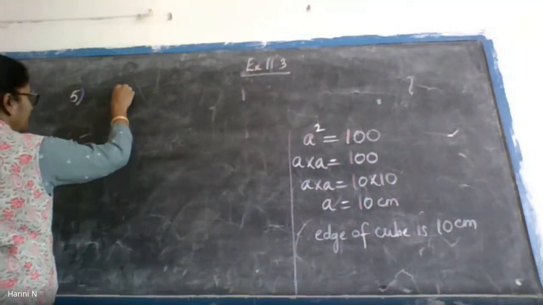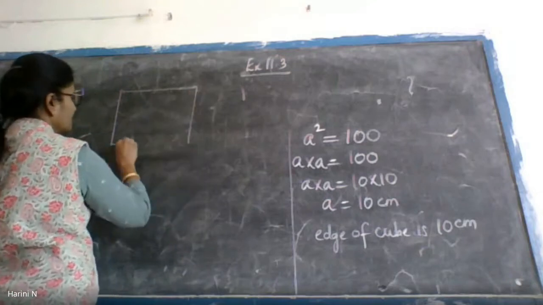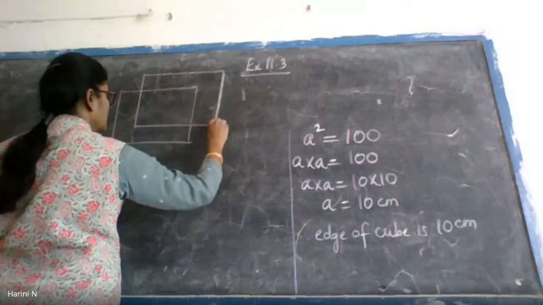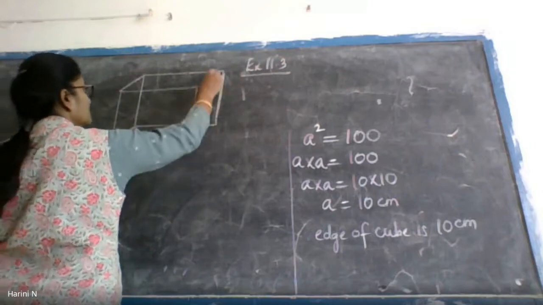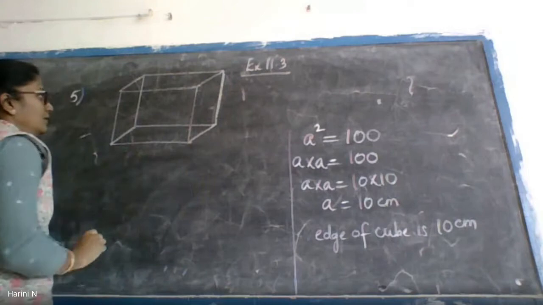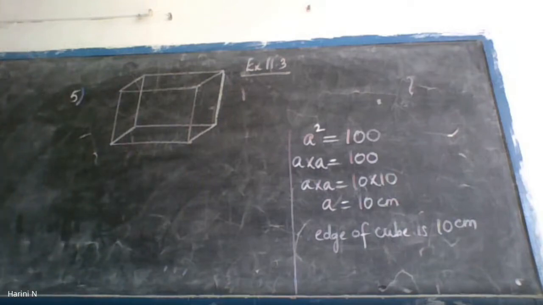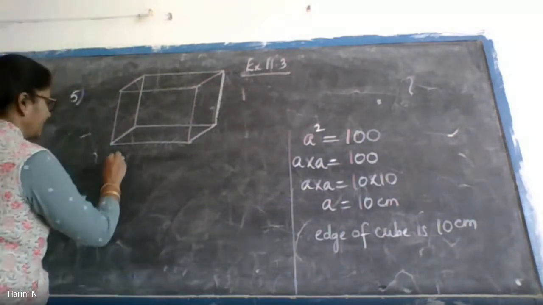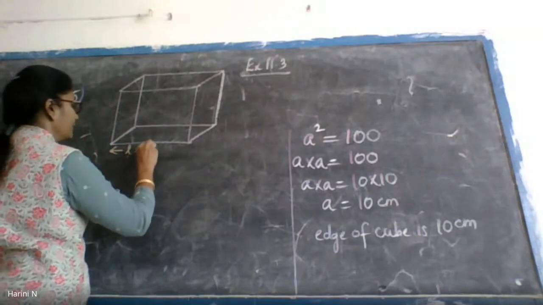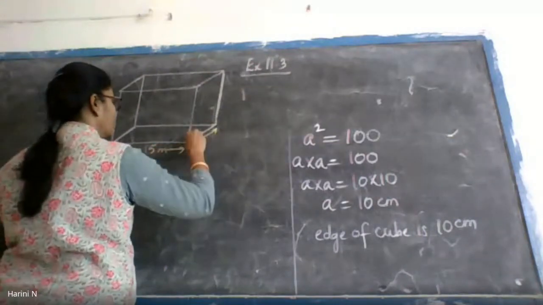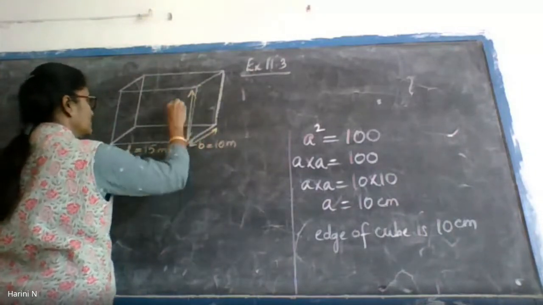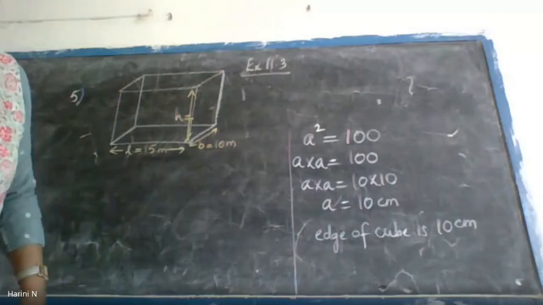So let me first imagine the hall which is in the shape of a cuboid, which is having a length, width and a height. Let me mark the length is 15, the width or the breadth is 10 and the height is 7.